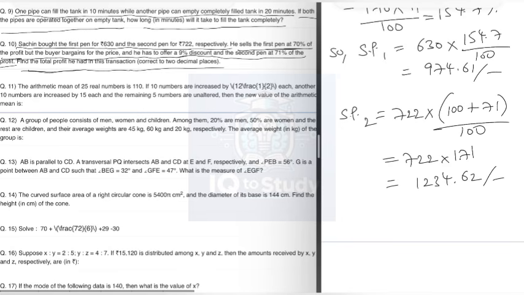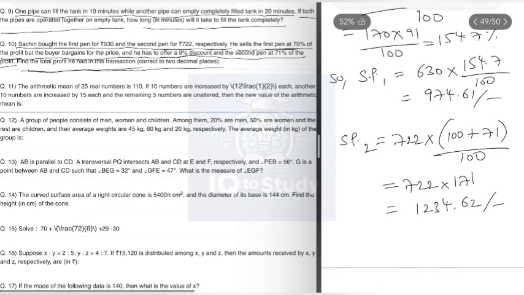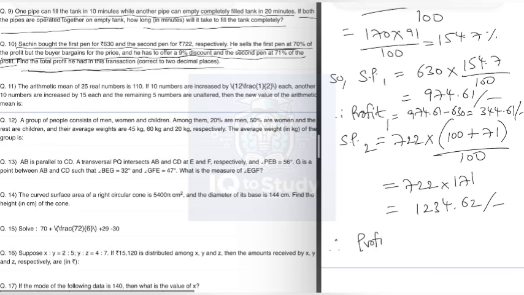We have to find the total profit he had in this transaction. For the first pen, profit is 974.61 minus 630, which is equal to 344.61 rupees. And for the second pen, it is equal to 1234.62 minus 722, which is equal to 512.62 rupees.